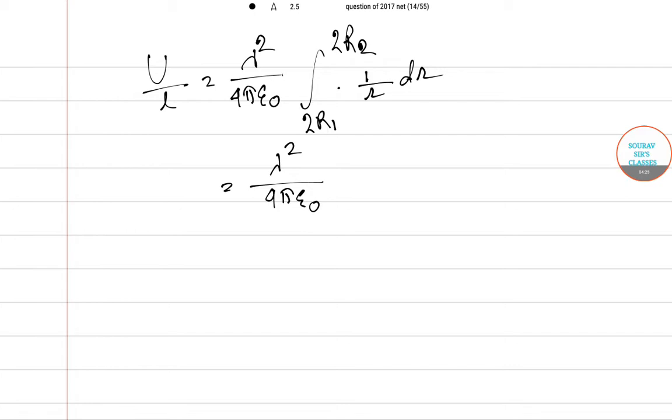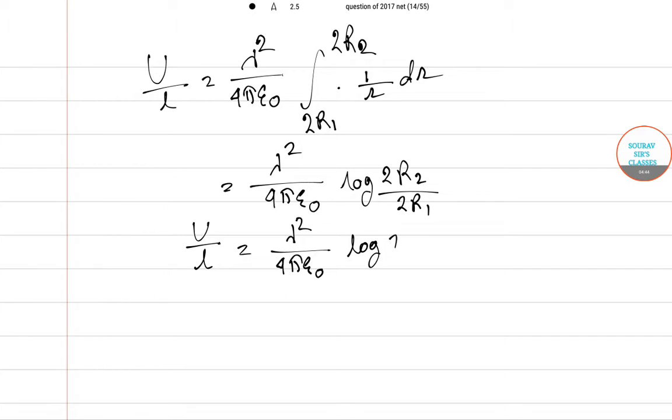So if we put the limits, log of 2r2 divided by 2r1, then this energy per unit length is equal to lambda square by 4 pi epsilon 0 log of R2 by R1. So the electrostatic energy per unit length is equal to this.